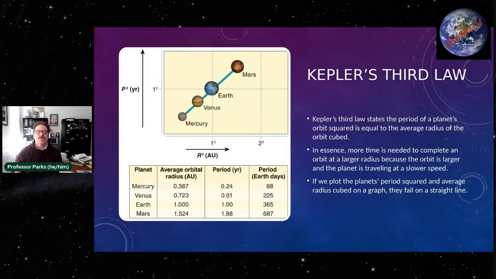Kepler's third law, or his harmonic law, which I was talking about, is commonly represented as the period of a planet squared is equal to its semi-major axis cubed. And that is true, assuming that you have the appropriate units tacked on: period in years, semi-major axis in AU.